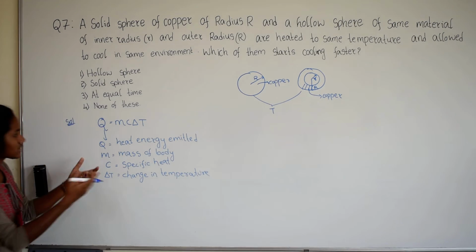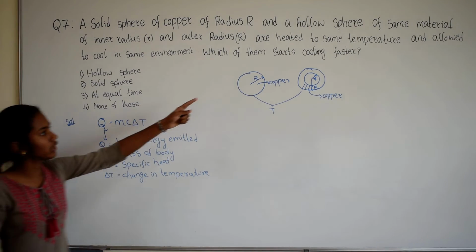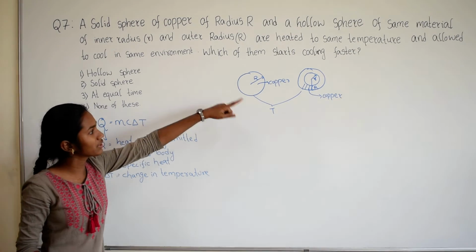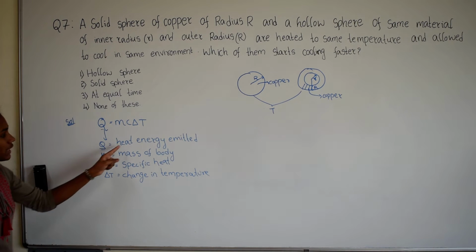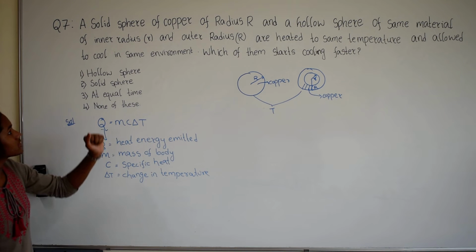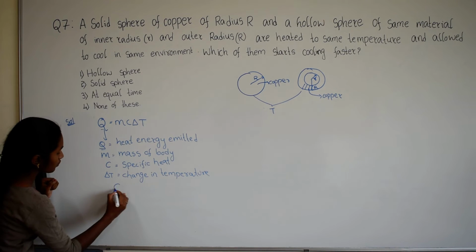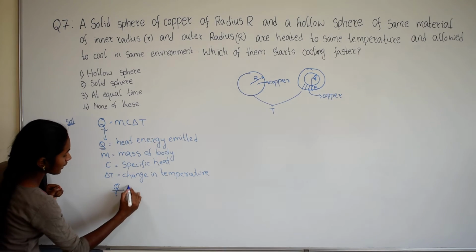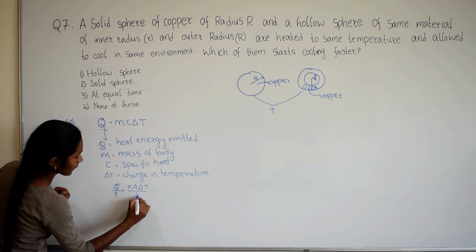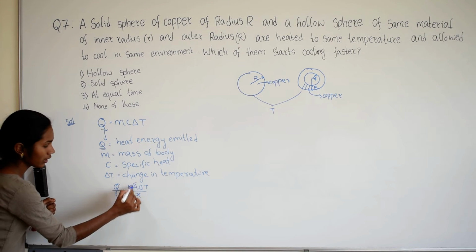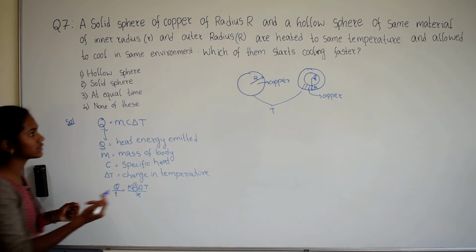So now let's compare these values for both the solid sphere and the hollow sphere. First we will take Q, the heat energy emitted, which depends on the surface area. We know Q by t is K into ΔT by x. It depends on A, the surface area of the spheres.